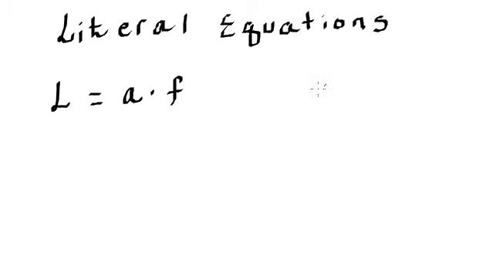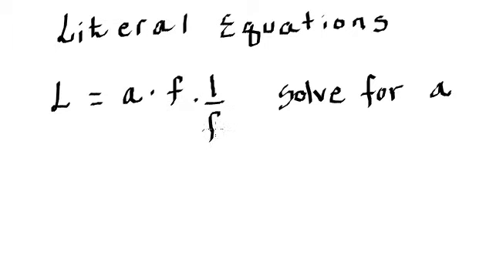Now, what I'm going to do here is solve for A. This is a good portion of algebra, and that is solving for a variable. So we want to get A to one side of the equal sign. I'm going to simply multiply both sides by 1 over F. F times 1 over F is just 1.